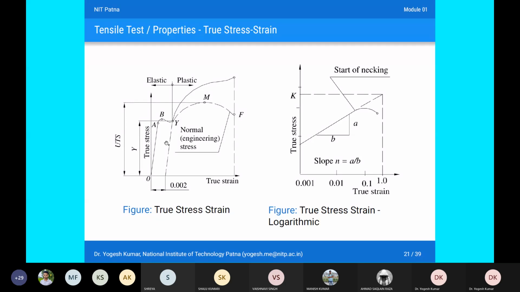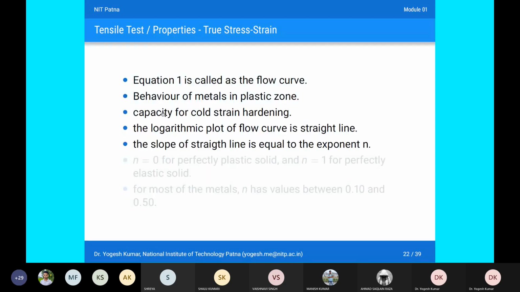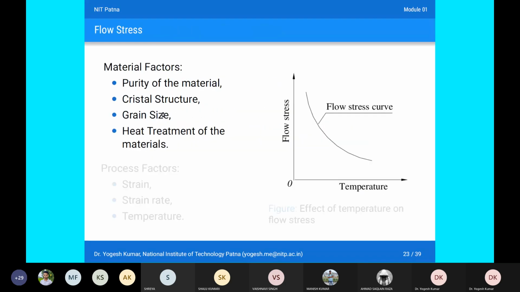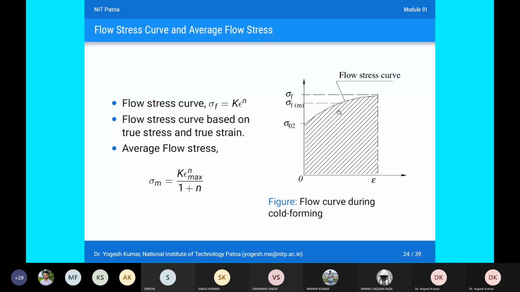If you take only this much portion, I hope you are able to see my mouse movement. This portion is representing your true stress and true strain in the plastic region. Take this portion separately, because if I draw on the PPT, it will take time. If you take that portion, it will come like this.